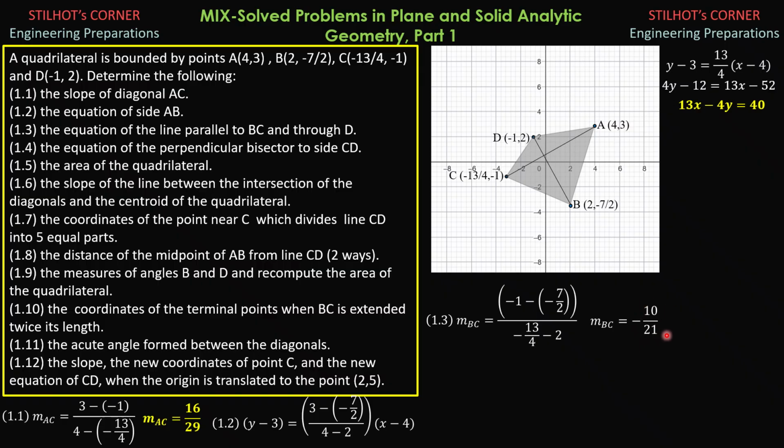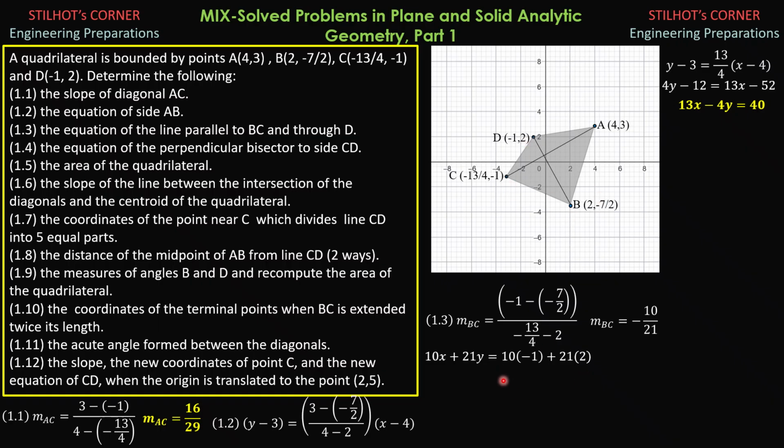You just make the sign between the terms positive, the opposite of the negative here. The slope is negative a over b, which is negative 10 over 21. So that's the shortcut way of finding the equation of the line parallel to BC and through point D.